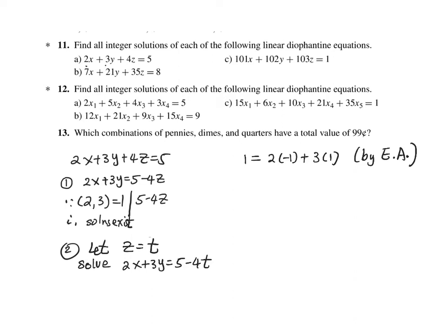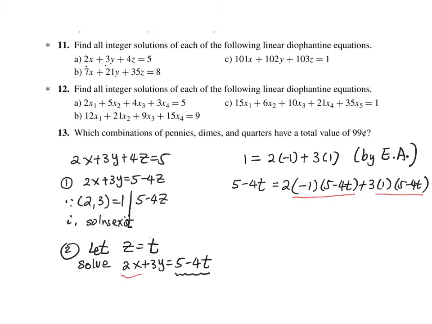And then after that, I just need to multiply both sides of the equation by 5 minus 4t. So here I have 5 minus 4t equals 2 times negative 1 times 5 minus 4t plus 3 times 1 times 5 minus 4t. Do you see that now? This is my solution for this equation.